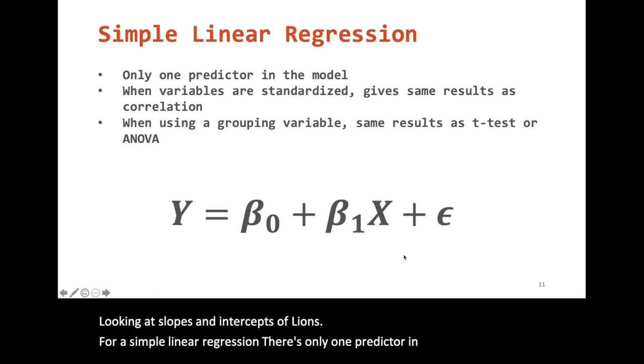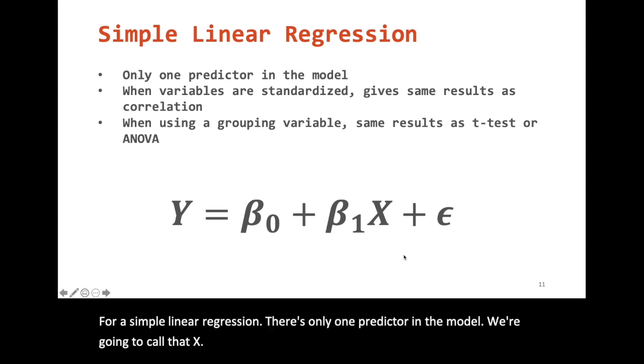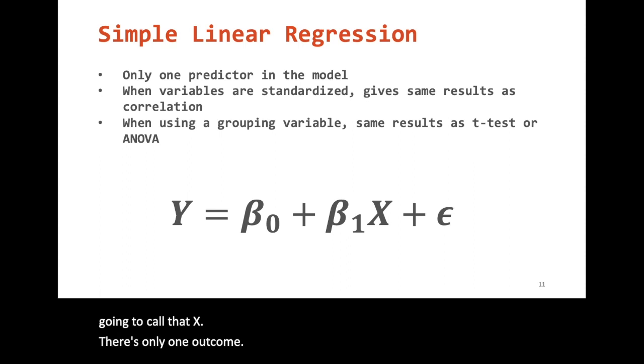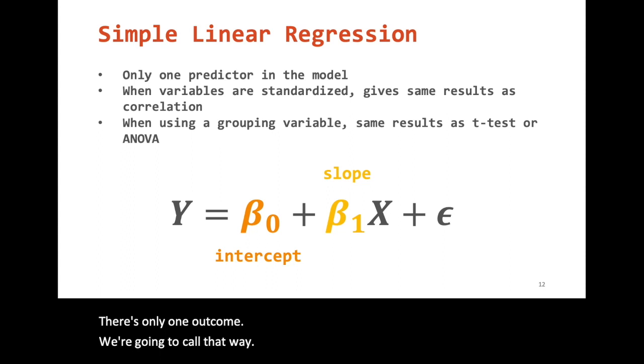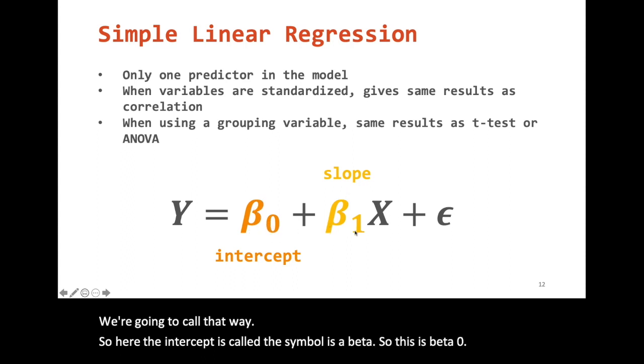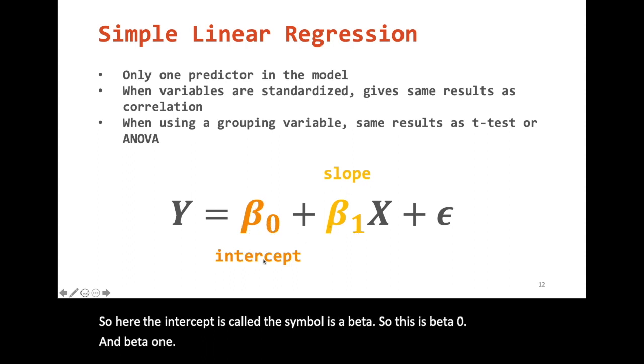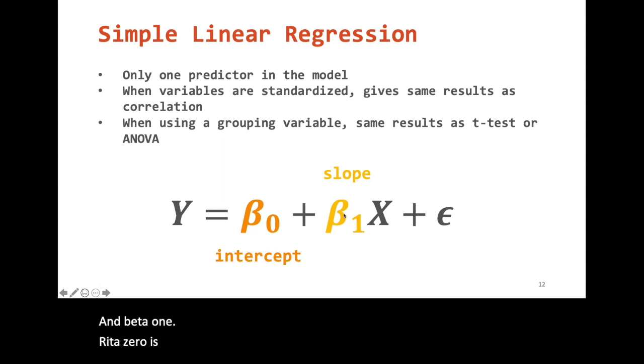We're going to call that x. There's only one outcome. We're going to call that y. So here, the intercept is called, this symbol is a beta. So this is beta 0 and beta 1. Beta 0 is the intercept, and beta 1 is the slope.